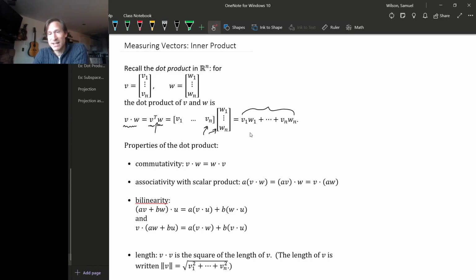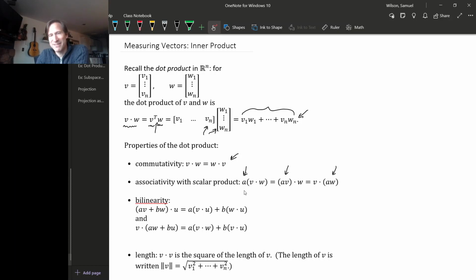So you just get this combination of the entries of v and w. Now, other than just having a really nice formula, this dot product in Rn has several nice algebraic properties. So it's commutative, as you can tell just by looking at it. If you switch all the v's and w's, it gives you the same thing. It's associative with the scalar product. If you do the scalar product after you take a dot product, it's the same as doing the scalar product with one of the factors before doing the dot product.